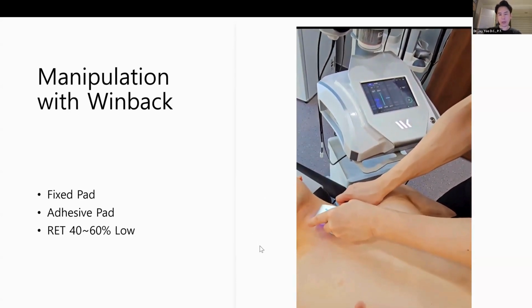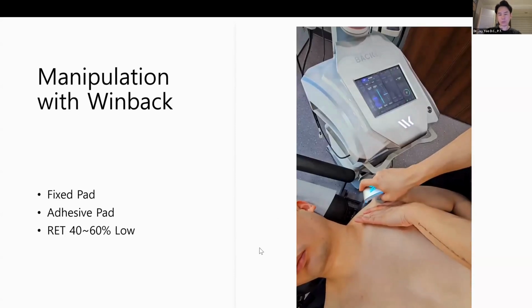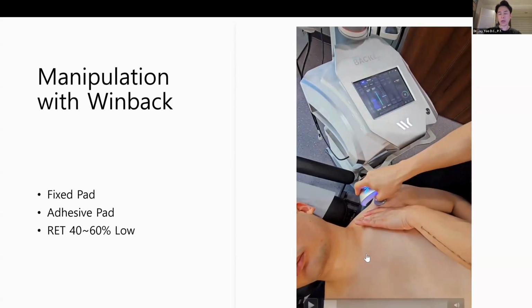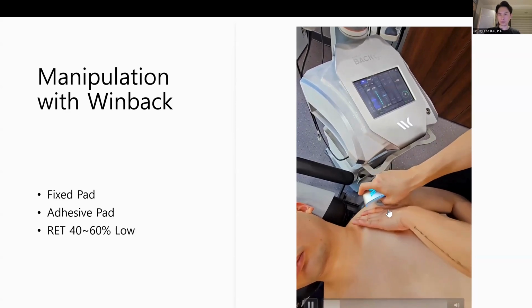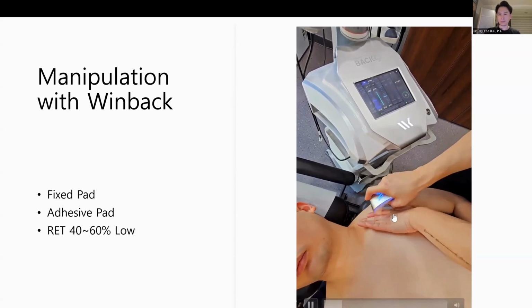I apply the probe on the proximal SC joint, and I try to move the clavicle. This one, I apply the probe on the anterior GH joint or AC joint, and I try to move the GH joint. So this is gliding.